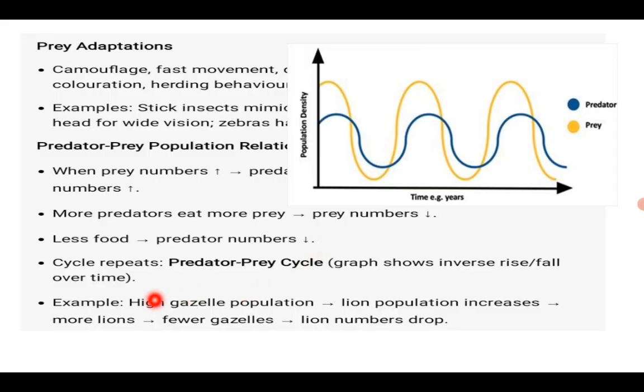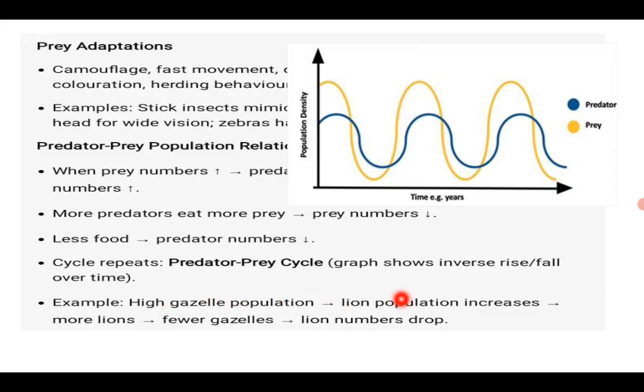So an example is when you have a high gazelle population, the lion population also increases. Remember that lions feed on gazelles. We start with the increase in the number of gazelles.